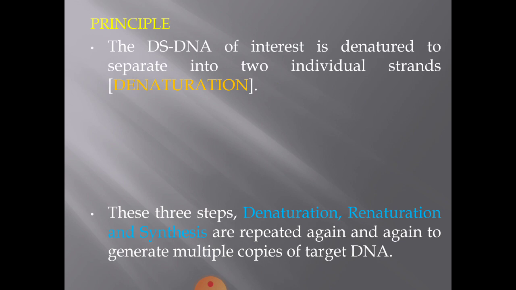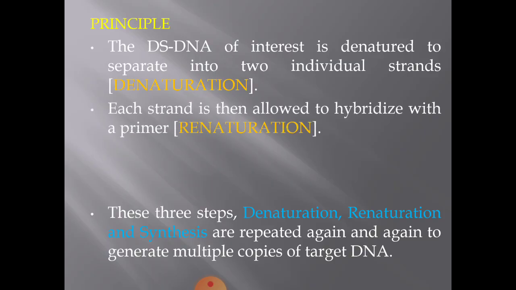The double-stranded DNA of interest is denatured to separate into two individual strands. Okay? The first step in PCR reaction is denaturation. Then, each strand, that is single-stranded, is then allowed to hybridize with a primer.